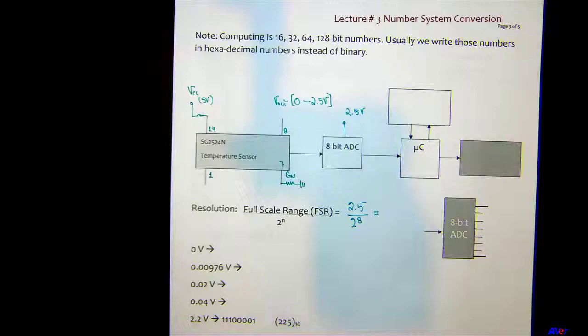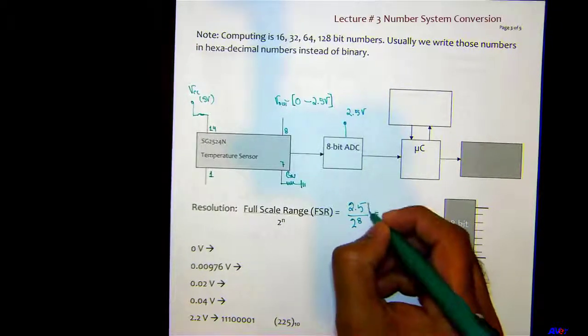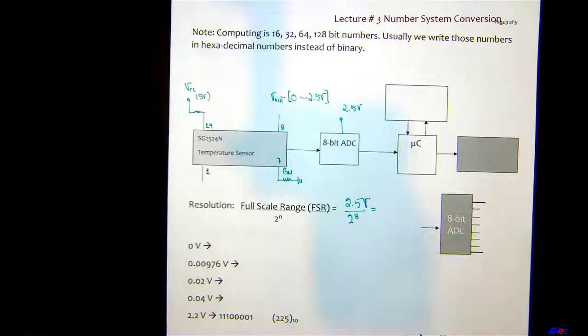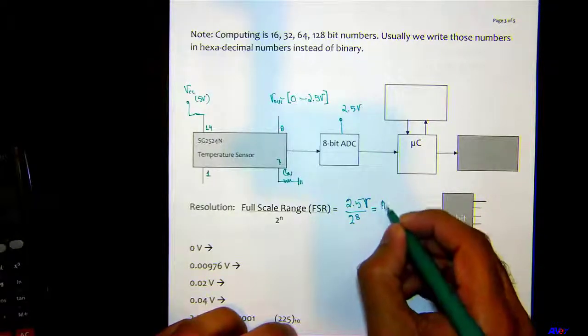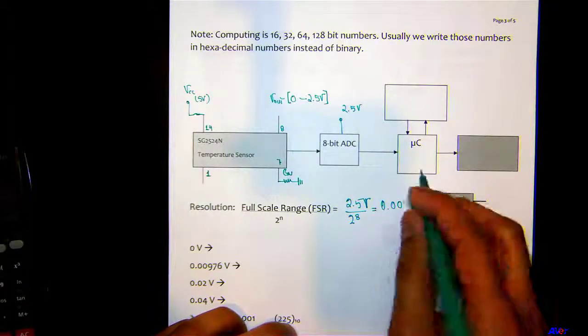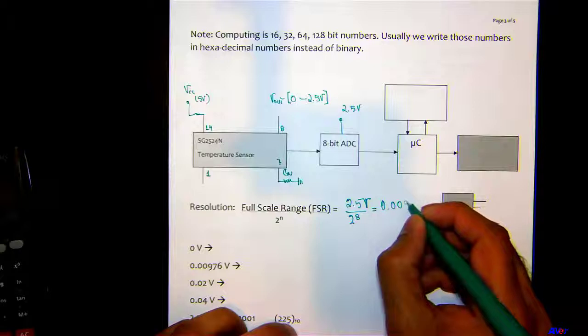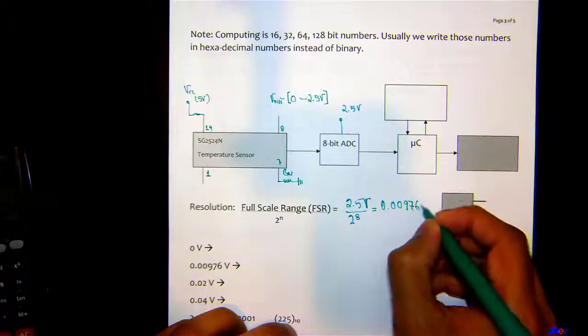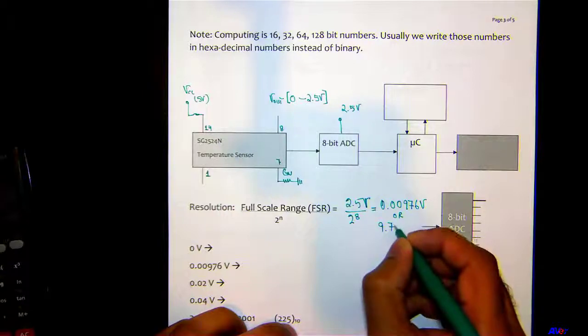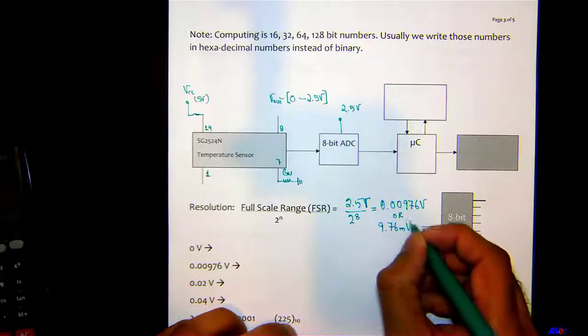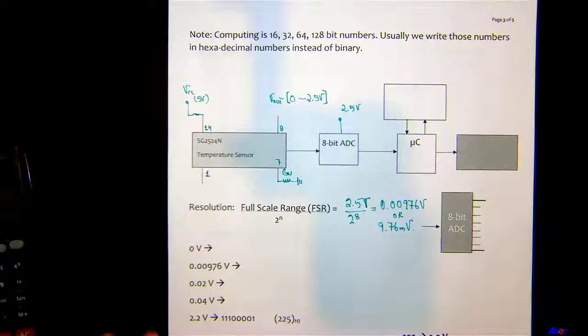So we need to find out the resolution here, which is 2.5 divided by 2 to the power 8. So it comes out to be 0.00976 volt, or 9.76 millivolt.